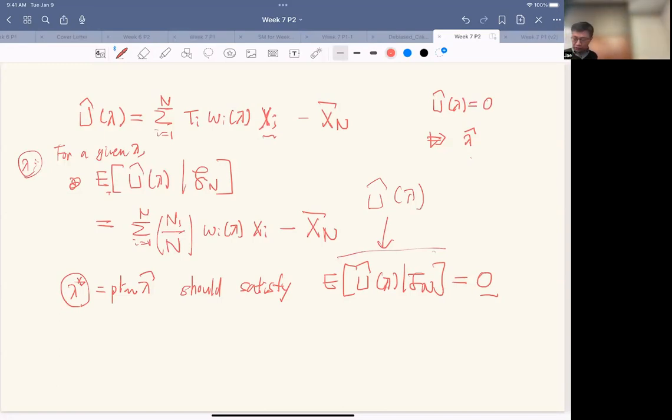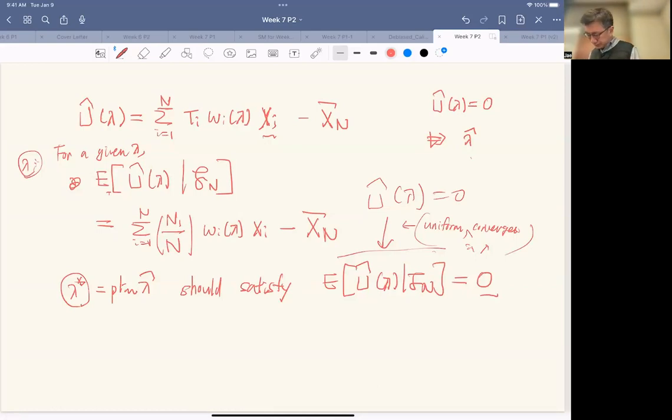So then the solution to this equation should converge to the solution to the limiting equation. Although we need to be more rigorous, we need uniform convergence, uniform in lambda, but let's forget about the details. We are just doing a more loose derivation here.